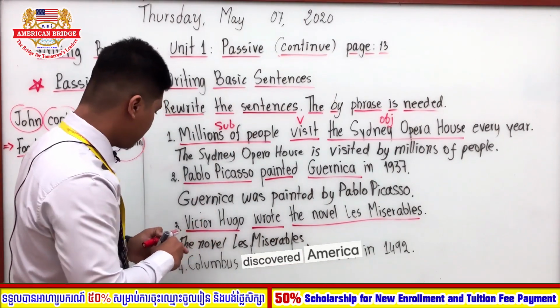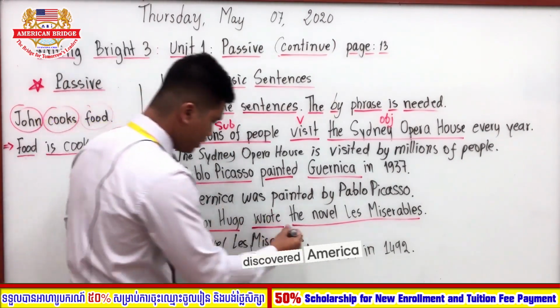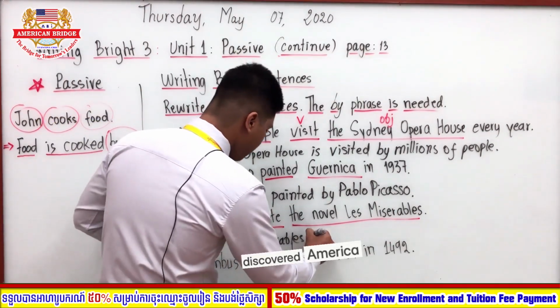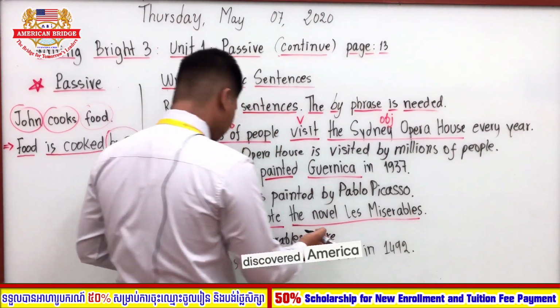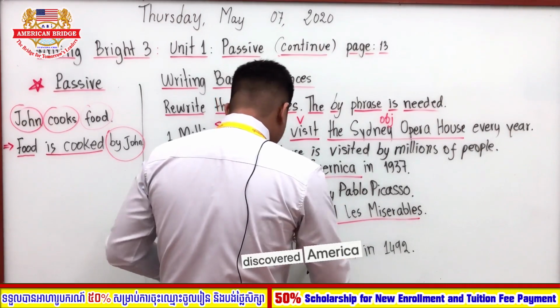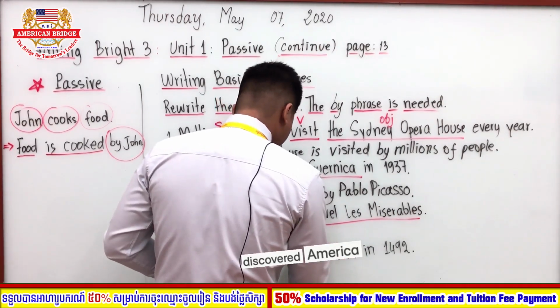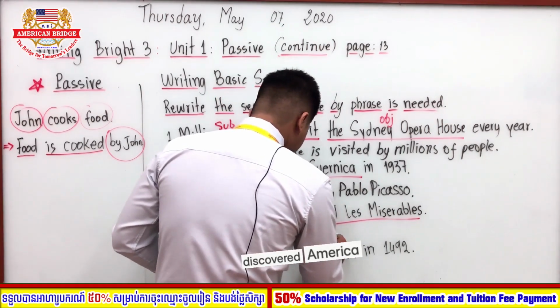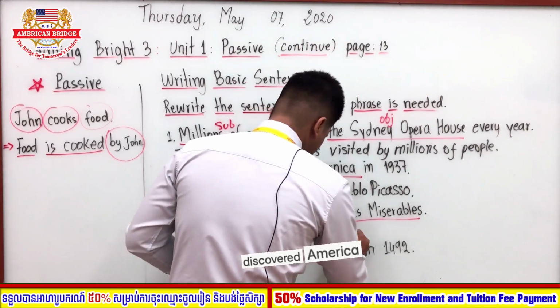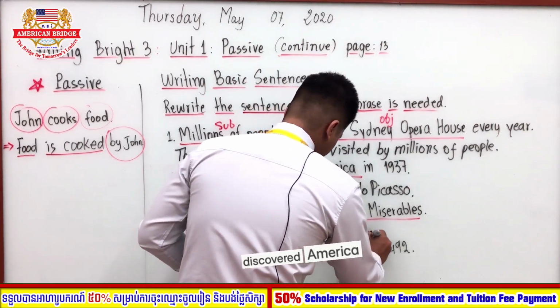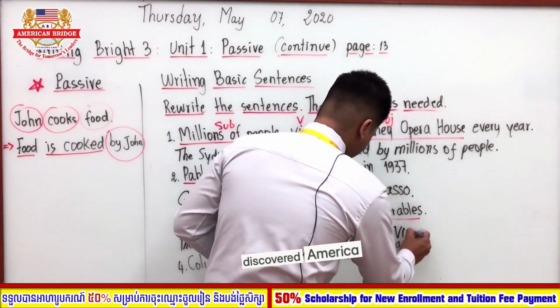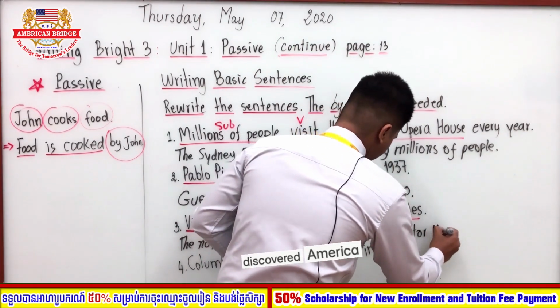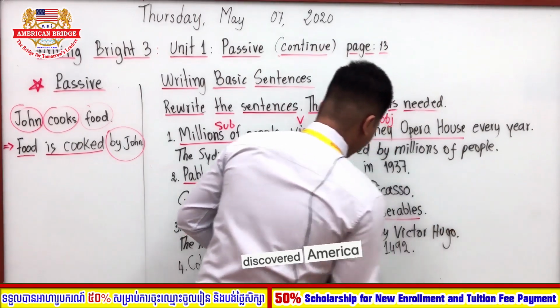Okay, so it is past simple. The novel, were? The novel is only one, so we use was written by Victor Hugo. Good.